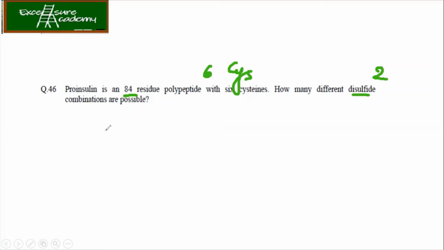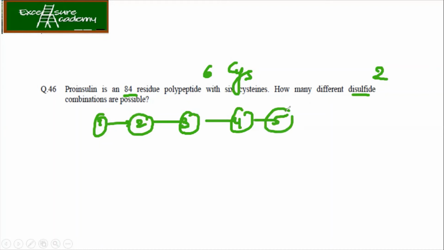So let us say that we have got 1, 2, 3, 4, 5, and 6. So let's say that a covalent bond is formed between a sulfur atom of the two cysteine molecules, that is your disulfide bond.